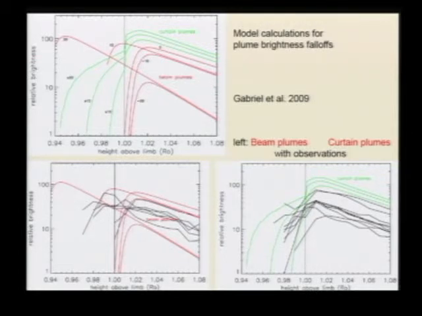There are beam plumes, there's no question about that. If you have curtain plumes, you would experience a drop of a factor of 2 at the limb, because you see twice as much before the limb than after the limb. And in fact, there are observations that correspond to this drop here as curtain plumes, I'm sorry.